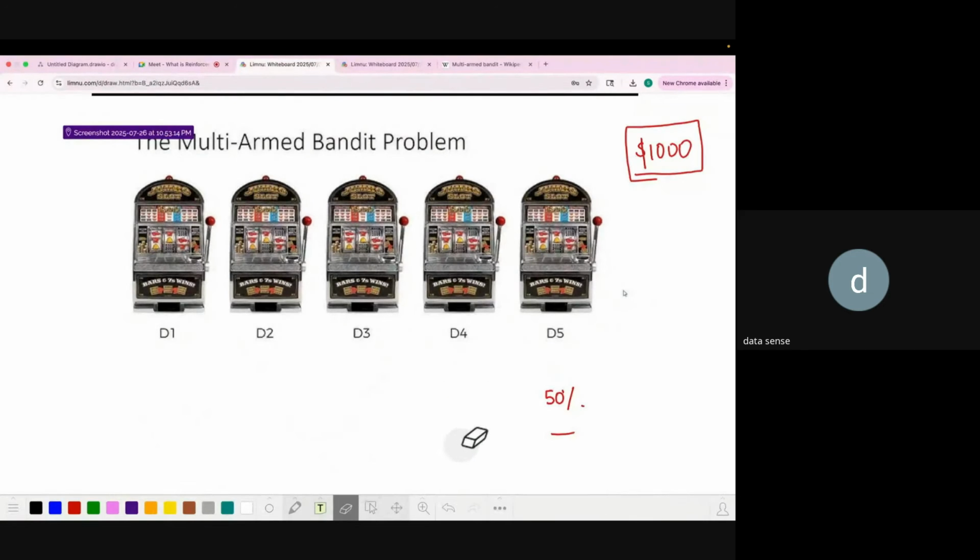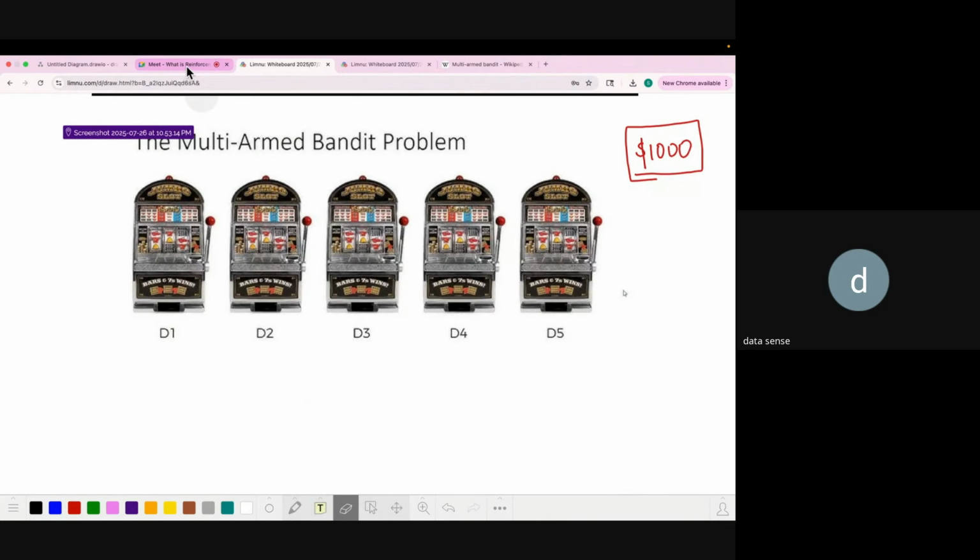So you cannot determine which machine is going to give you a better result, or how you should split up your money to get the maximum return. Is the problem statement clear to you guys? Yes. We need to find the machine or form a strategy to get the maximum return on our money. Form a strategy so that you can maximize your return from this particular combination of slot machines.